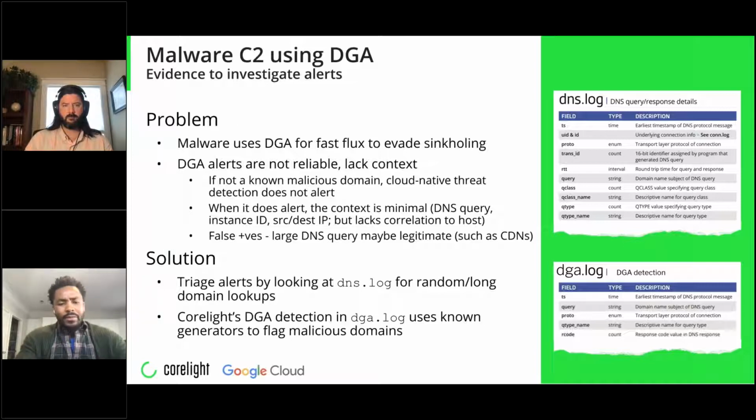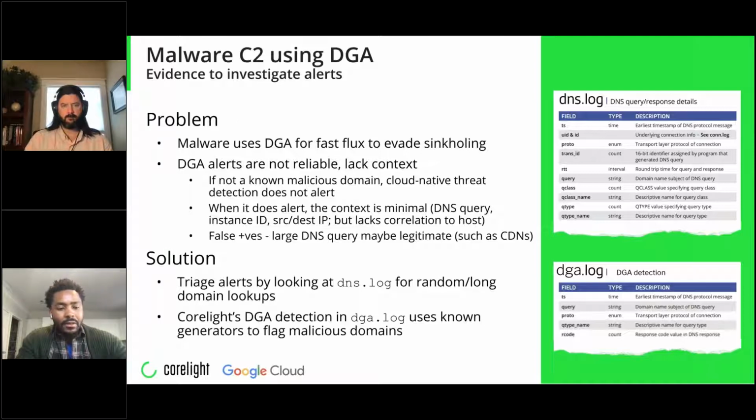So with the current cloud native offerings, when an alert does fire, there's minimal context and minimal ability to action these things. You typically only see something like the instance ID and the DNS name or the source and destination IP, but the DNS query type or the response value is missing. It's one of those areas where, regardless of whether you become aware that there is some problem, deciphering what that problem is and then acting to resolve it takes many cycles by the SOC and is inefficient.